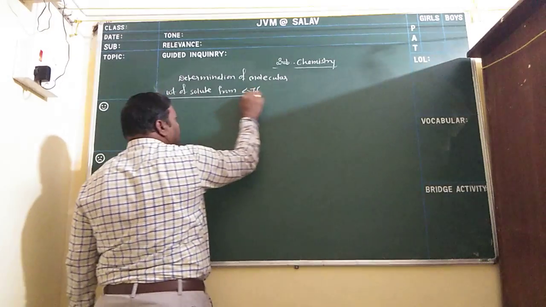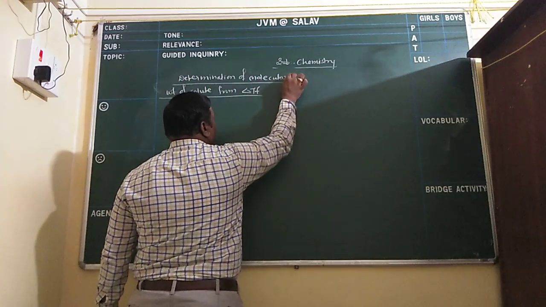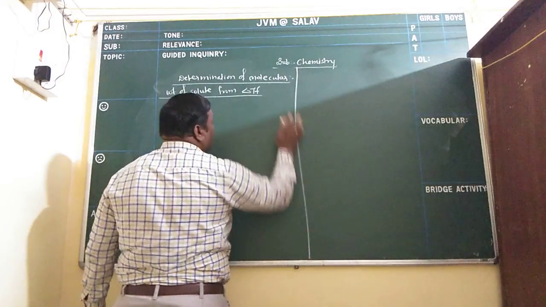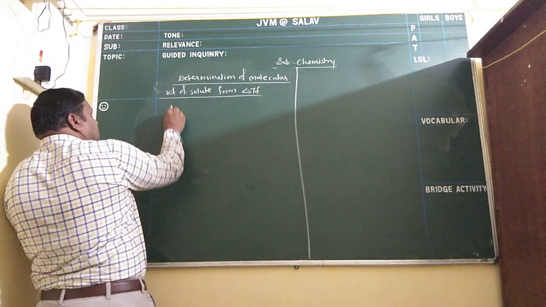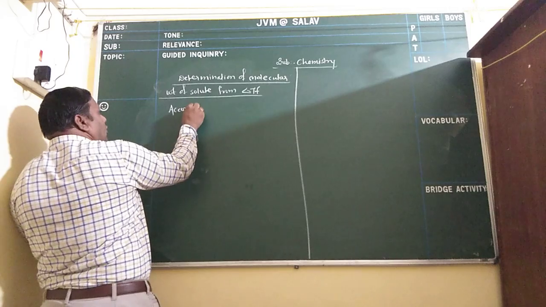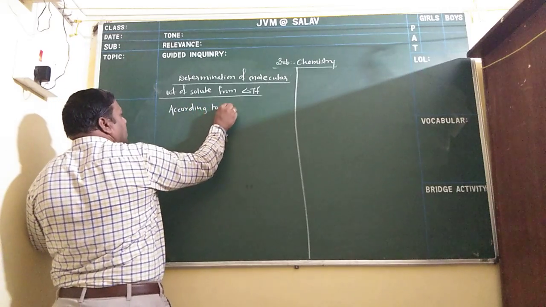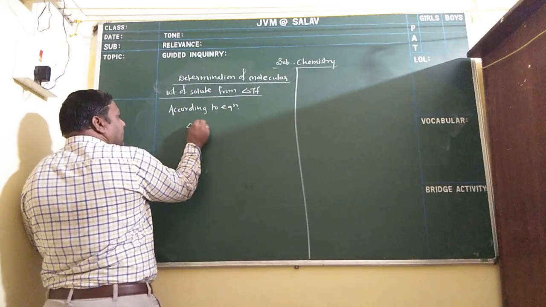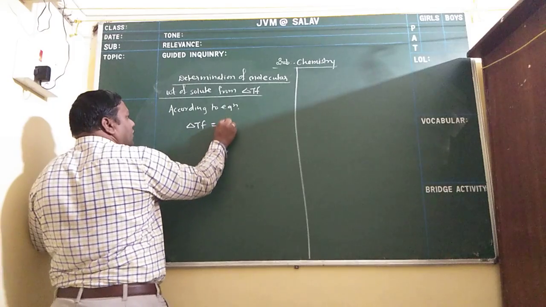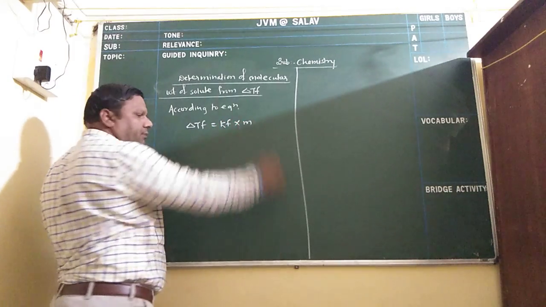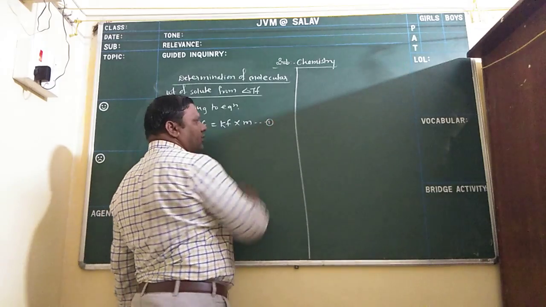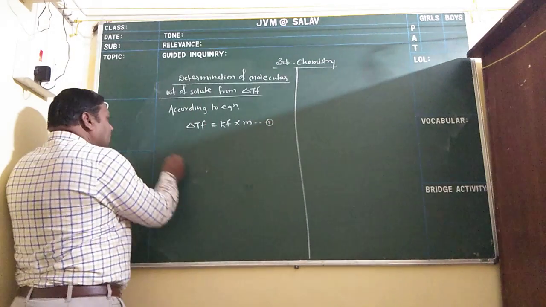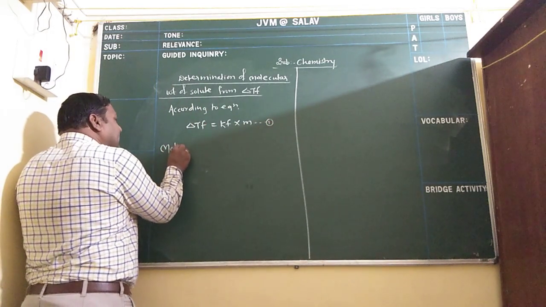Is it clear? Now according to the equation, del TF is equal to Kf into m. Equation number 1. Now m is the molality.